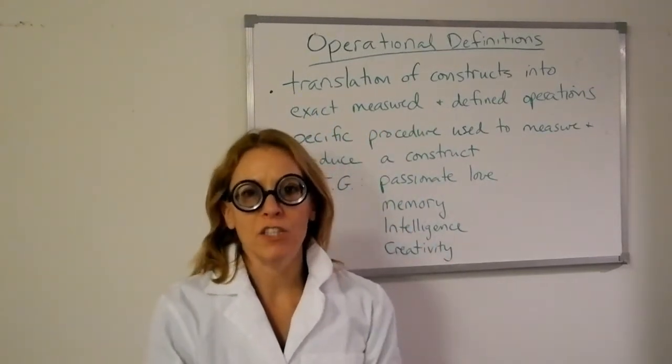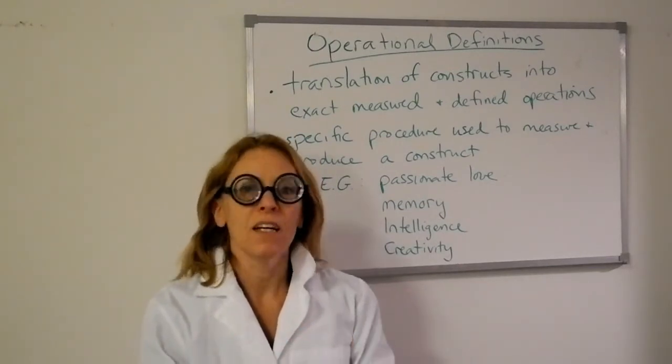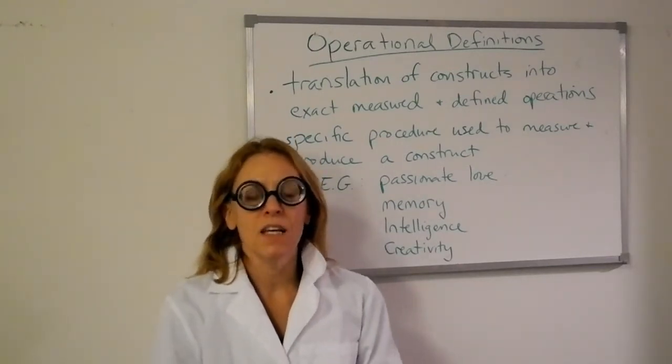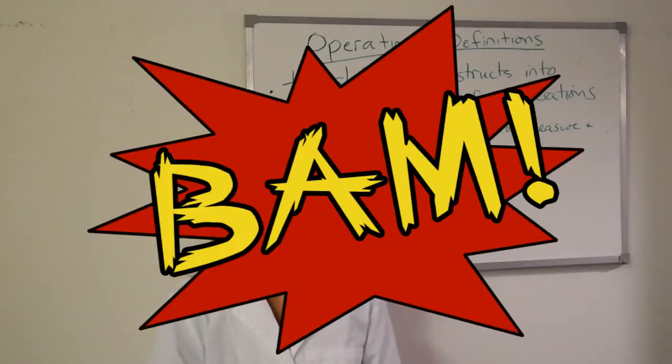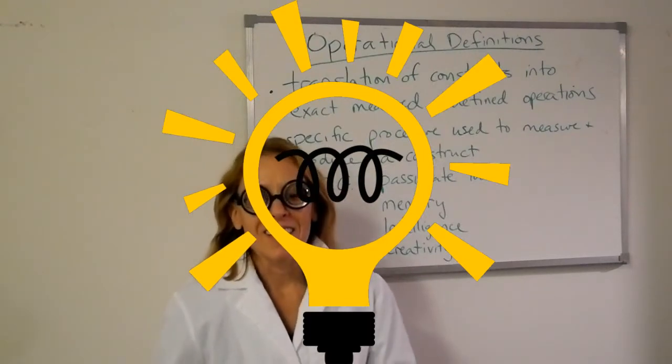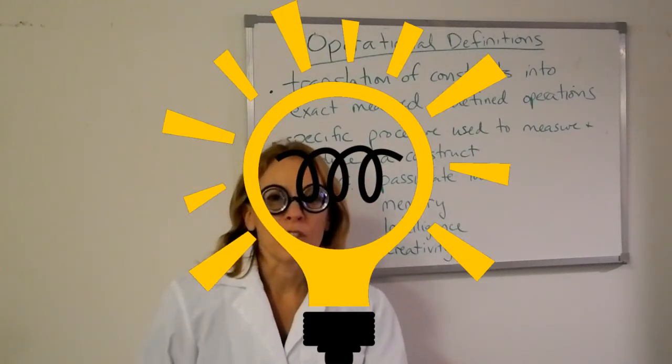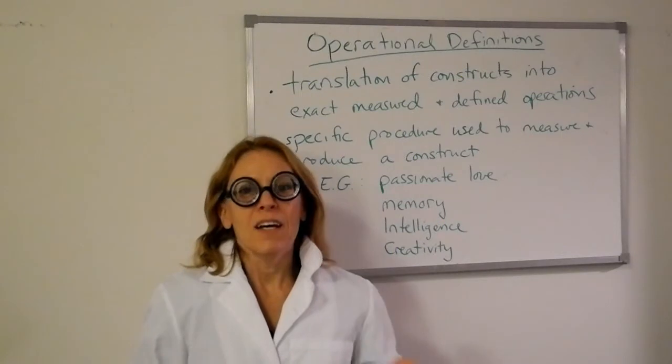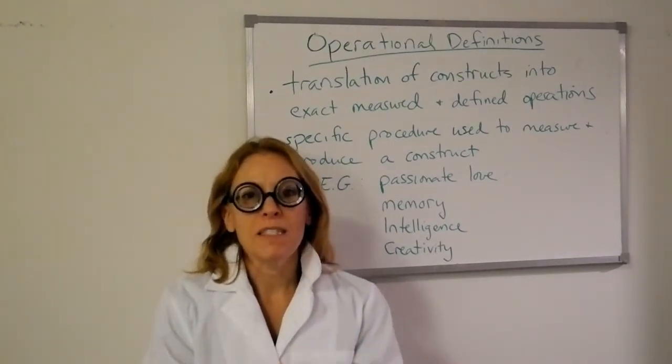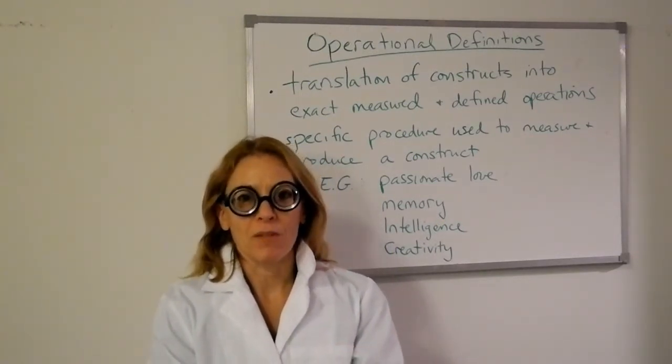That is how we are actually going to test creativity or how we're going to test memory. That is what we mean by an operational definition. Somebody might define intelligence one way, while another researcher might define it a different way. So it's important for us to be very specific in the way that we define our variables.